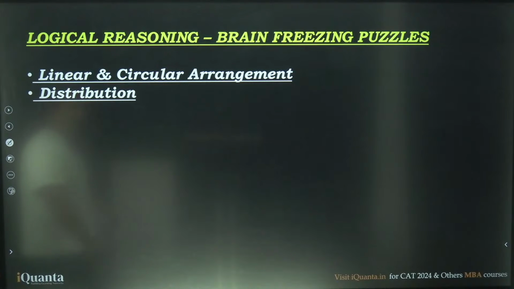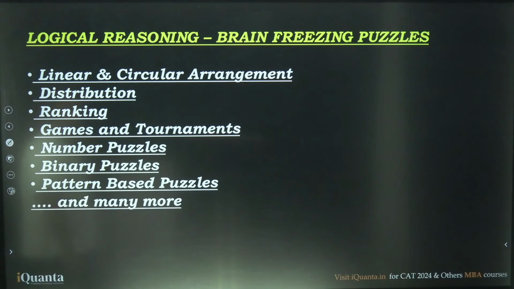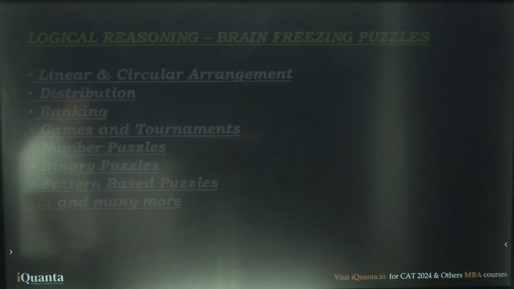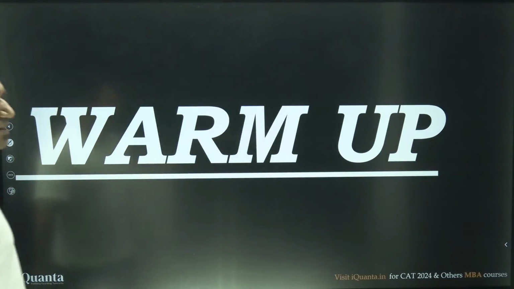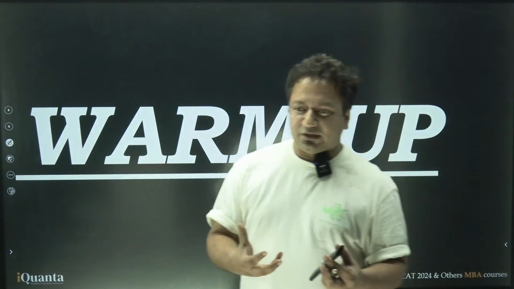Distribution. These are certain topics from which logical reasoning puzzles are made. Ranking, games and tournaments, number puzzles, binary puzzles, pattern-based puzzles, and many more. So today we would start with some kind of warm-up to the real CAT logical reasoning.